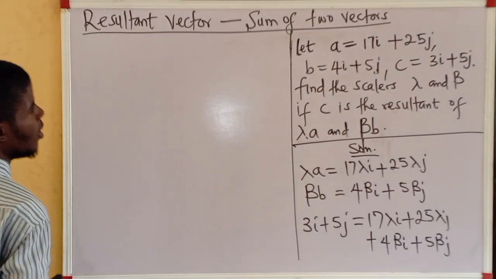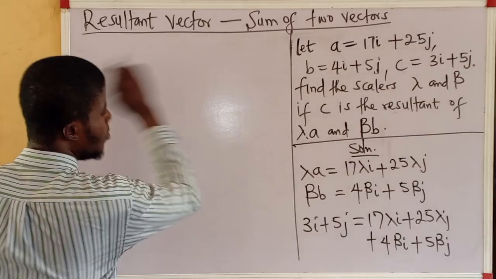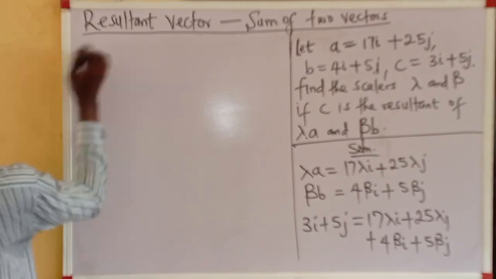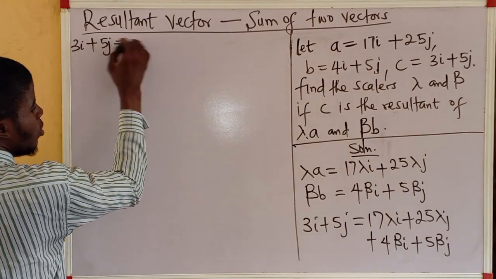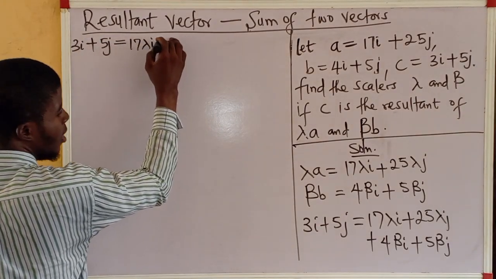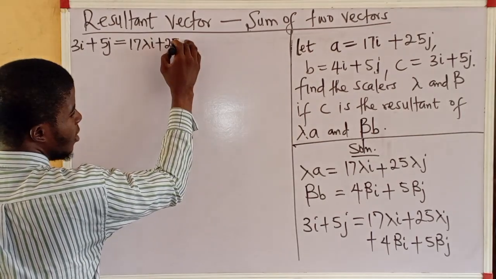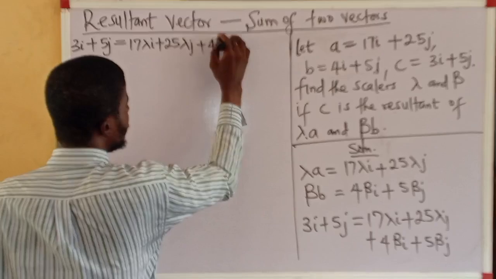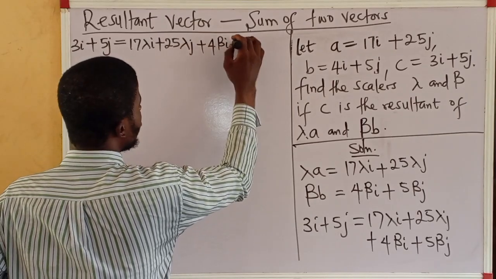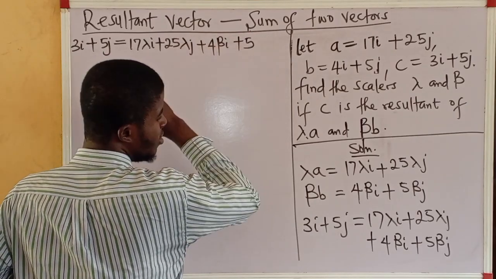Alright, let me write it again so that everything will be on one line. 3i plus 5j equal to 17 lambda i plus 25 lambda j plus 4 beta i plus 5 beta j.